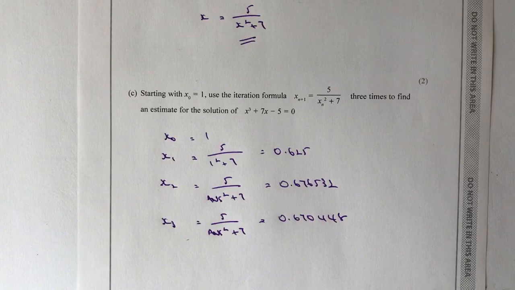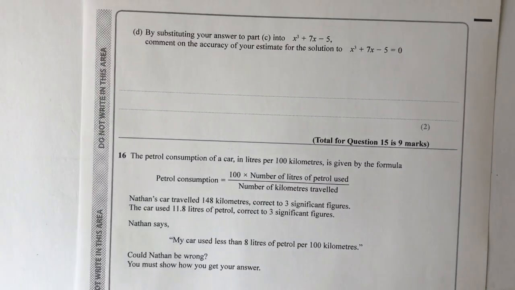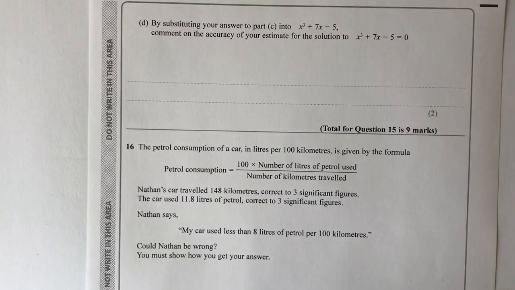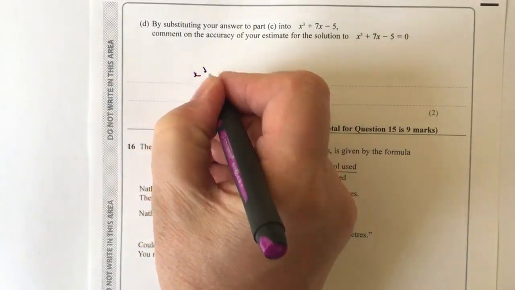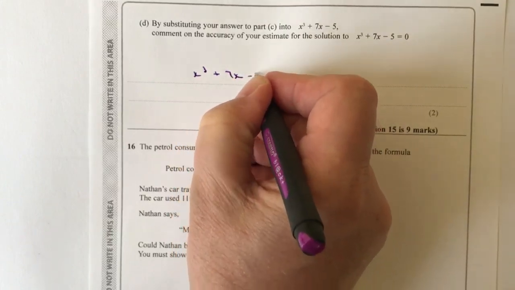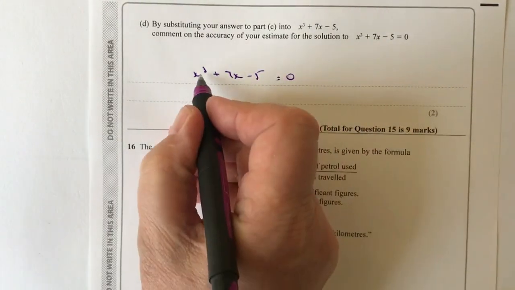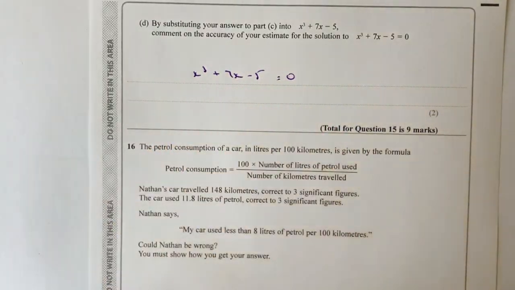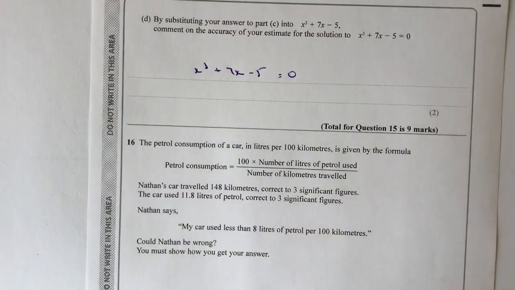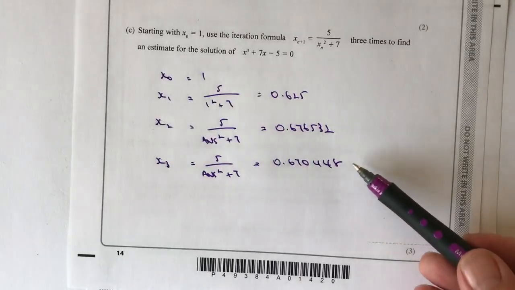So I'm just going to move on a little bit to part D, and it says, by substituting your answer to part C, comment on the accuracy. So all we're saying is, rather than x cubed plus 7x minus 5 equals 0, I'm going to put in this value of the previous calculation. It's actually this one here.